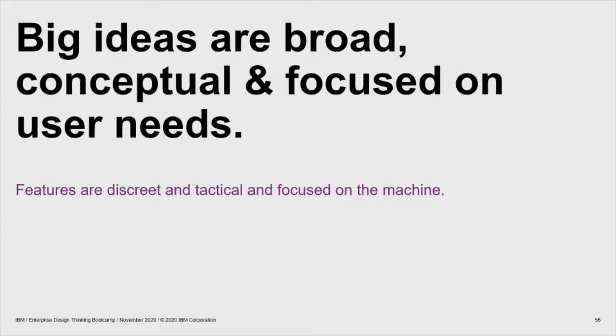You start ideating with big ideas, right? These ideas are large and broad and conceptual, but they always tie back to a particular need of the user, right? So it's tied back to something that they say or feel, that they do or think.